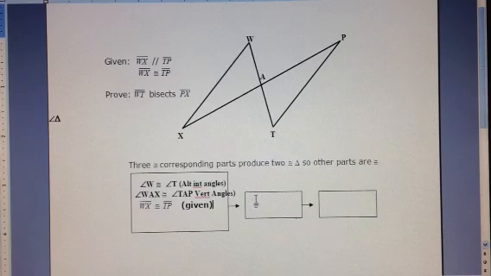So therefore we can say the triangles are congruent. Say triangle WAX. That got pretty big there, didn't it?